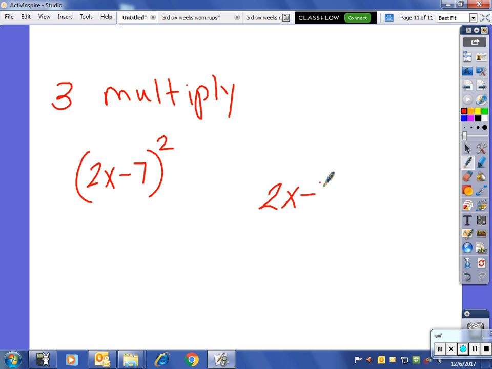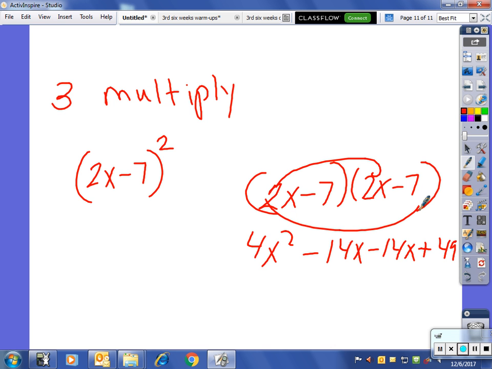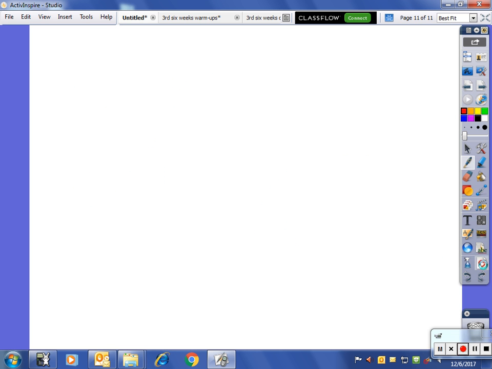They forget that you've got to write it side by side and FOIL it out there: 4x squared minus 14x minus 14x plus 49. Y'all remember those? First terms, outside terms, inside terms, last terms. First, outside, inside, last.